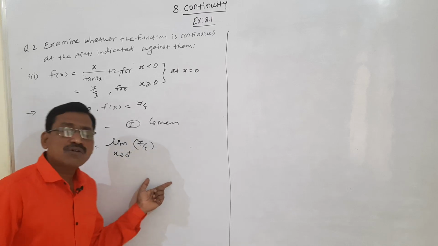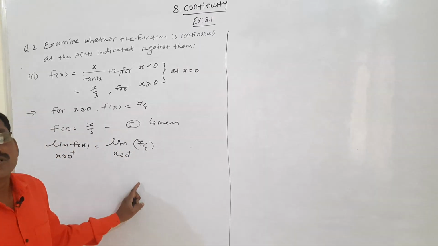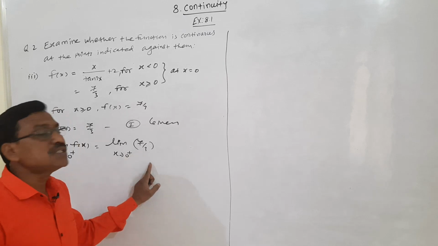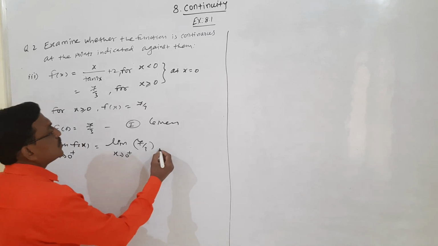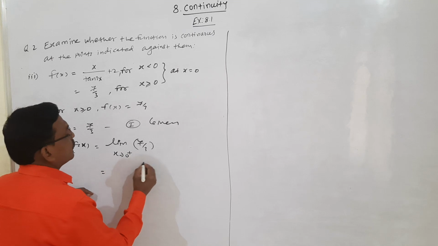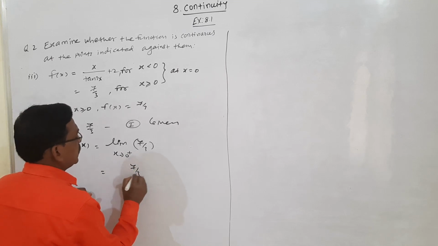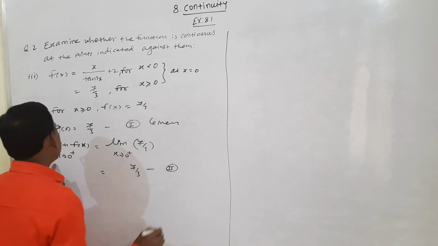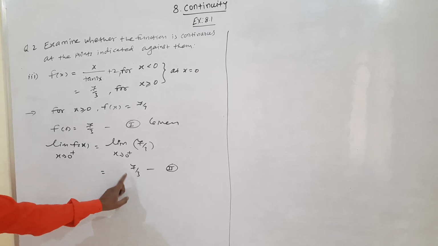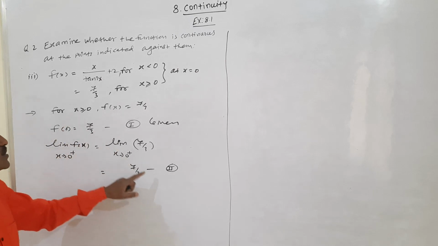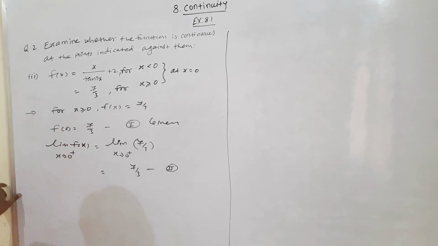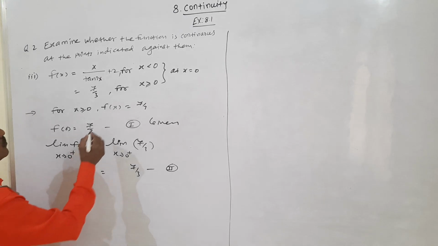Actually 7 by 3 is a constant function, and the limit of a constant is constant, so it is equal to 7 by 3. So the right hand side limit of this function is 7 by 3. The function value at that point is 7 by 3. Call this equation second.